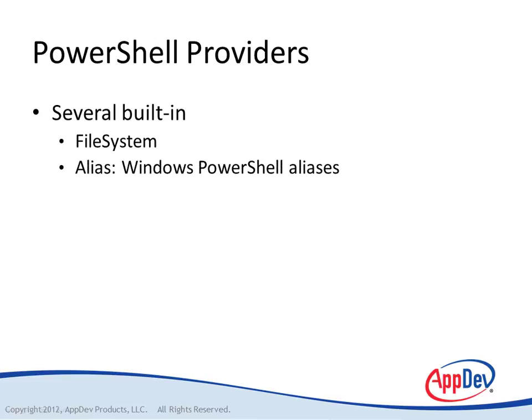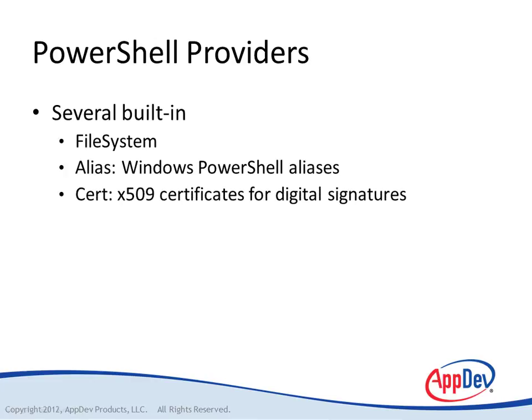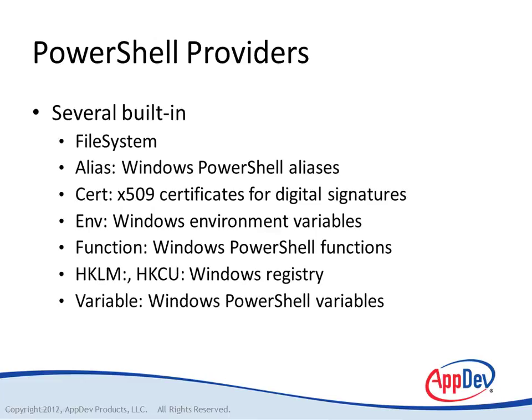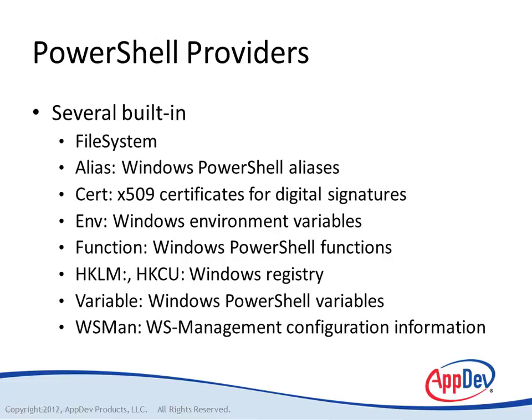There's one called alias that you can use to manipulate and see the PowerShell aliases. There's one for certificates, one for environment and environment variables, one for functions, one for the registry, which we're going to look at in just a second, one for PowerShell variables, and then finally one for WS-Management configuration information.